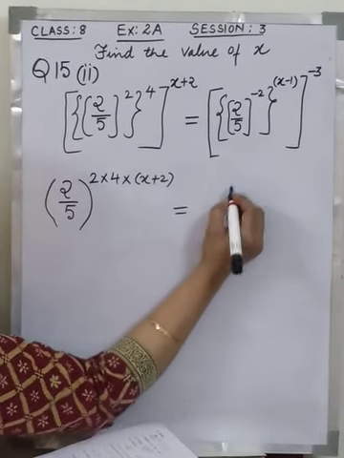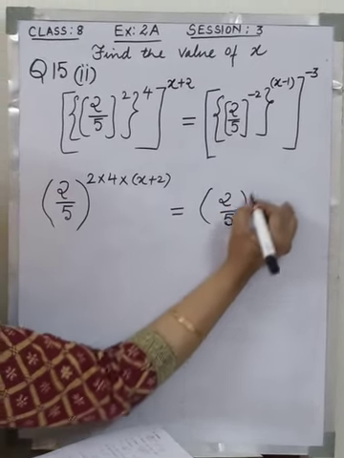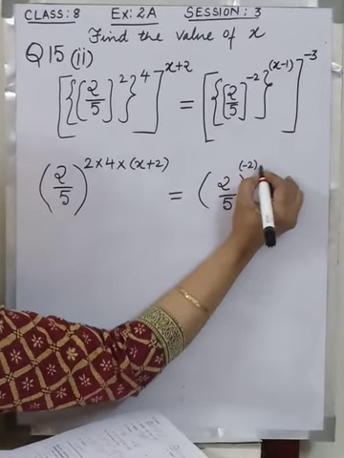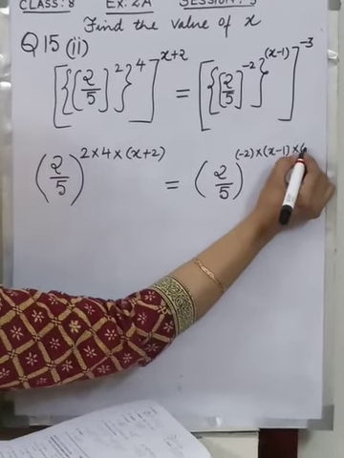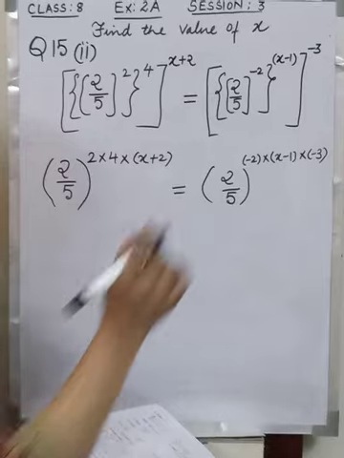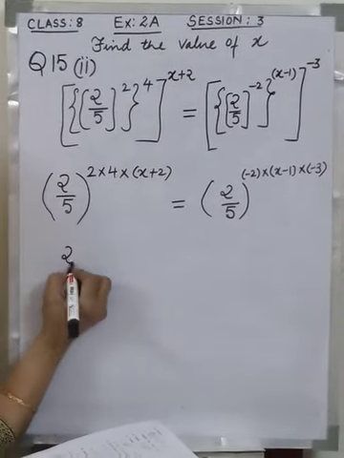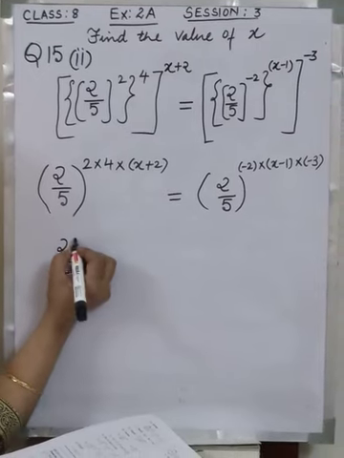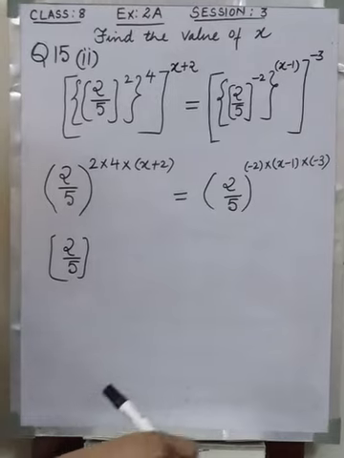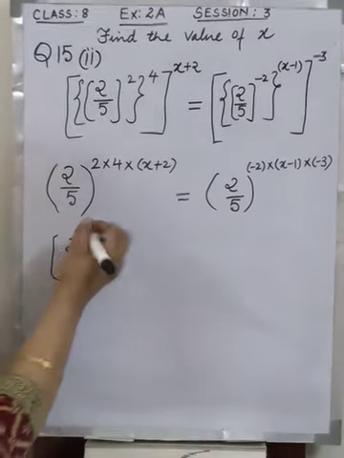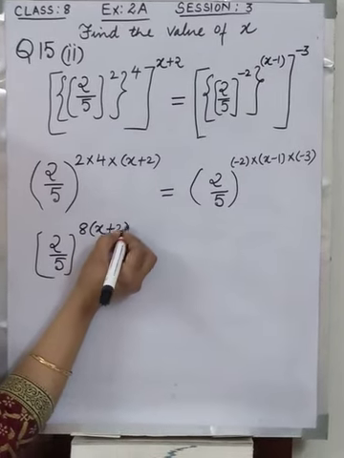Similarly, we do it on the RHS side. 2 by 5 whole to the power minus 2 into x minus 1 into minus 3. Remember, we always write negative integer in a bracket. So it becomes 2 by 5 whole to the power 4 2s is 8, 8 into x plus 2.